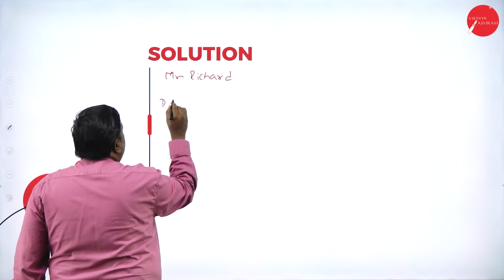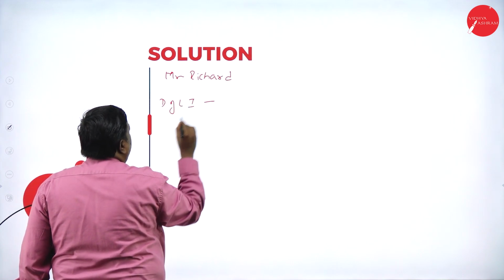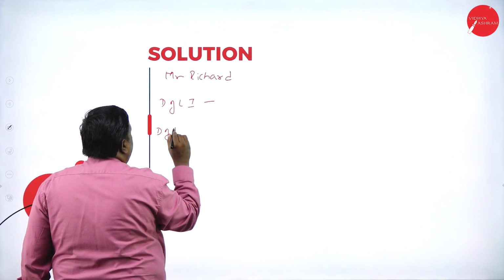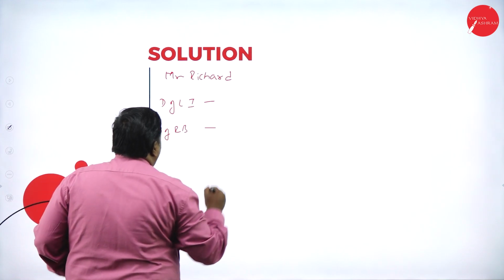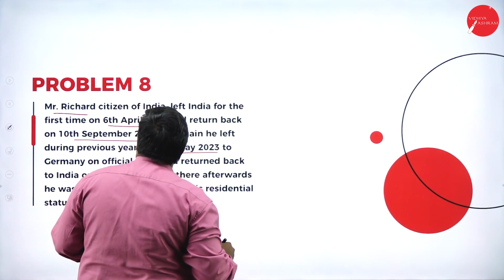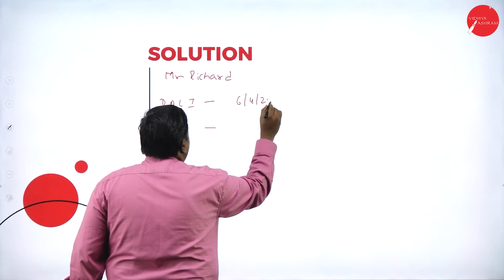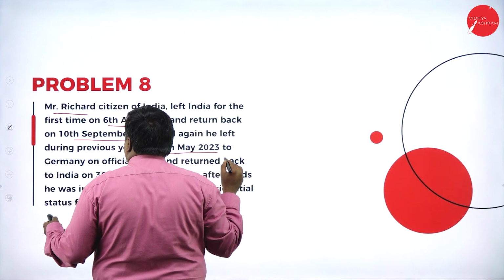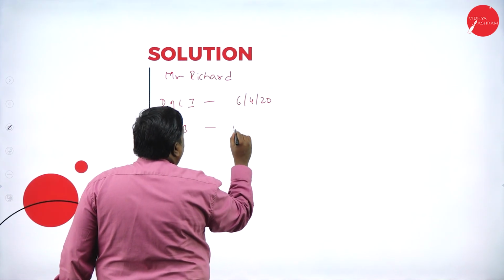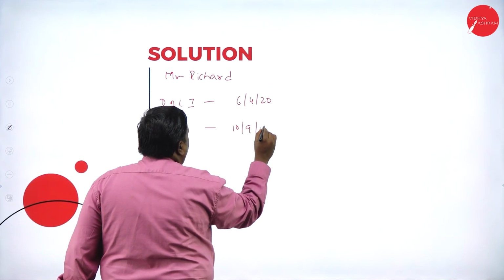Date of leaving India for the first time, date of returning back to India. So when I left India on 6th April 2020, I returned back on 10th September 2022.